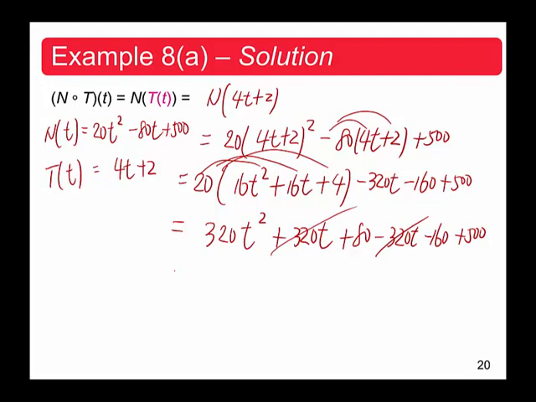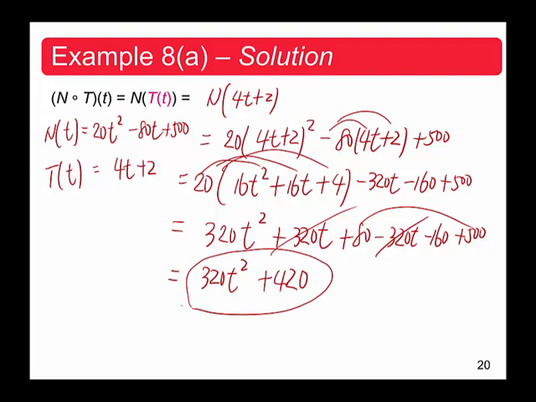We combine all the constants, so we get 320t squared. 80 plus 500 is 580, minus 160 is 420, positive 420.